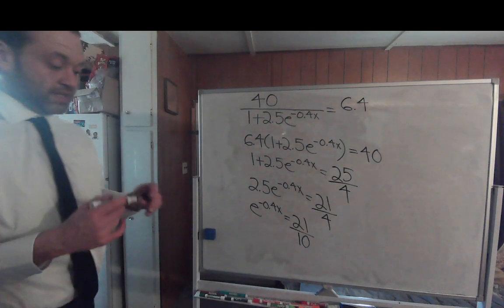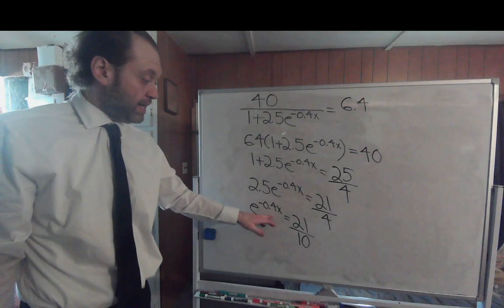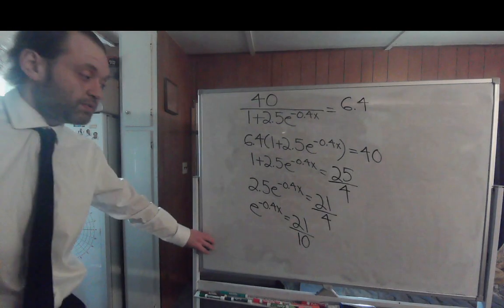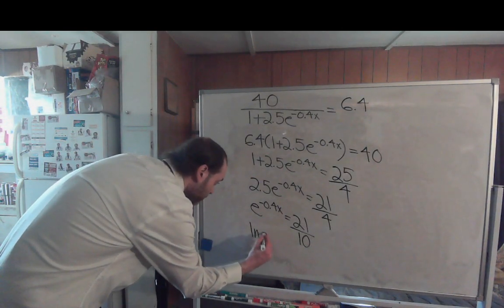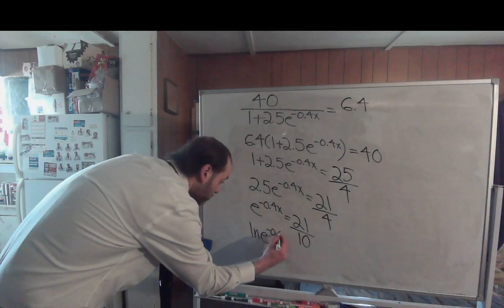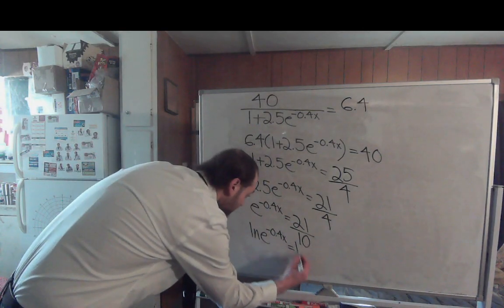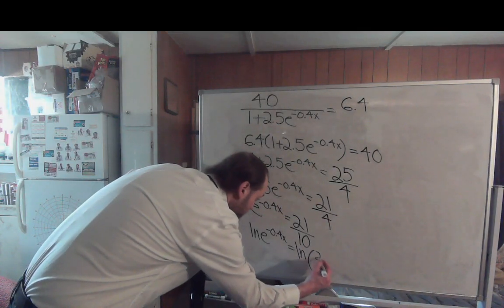So e to the negative 0.4x equals 21/10. So now let's do the natural log of both sides. Natural log of e to the negative 0.4x equals the natural log of 21/10.